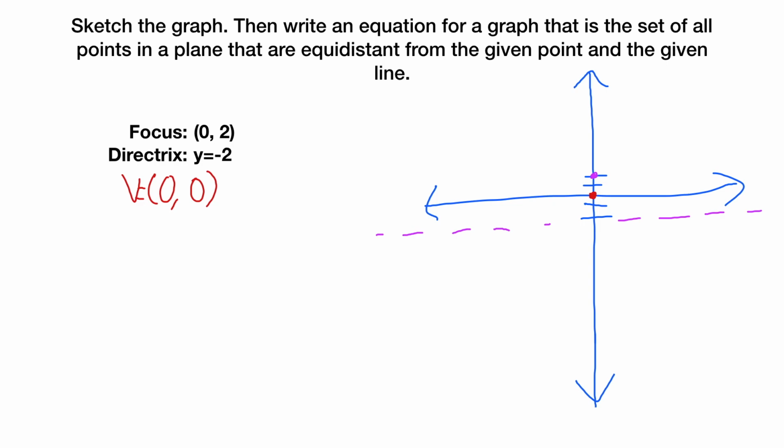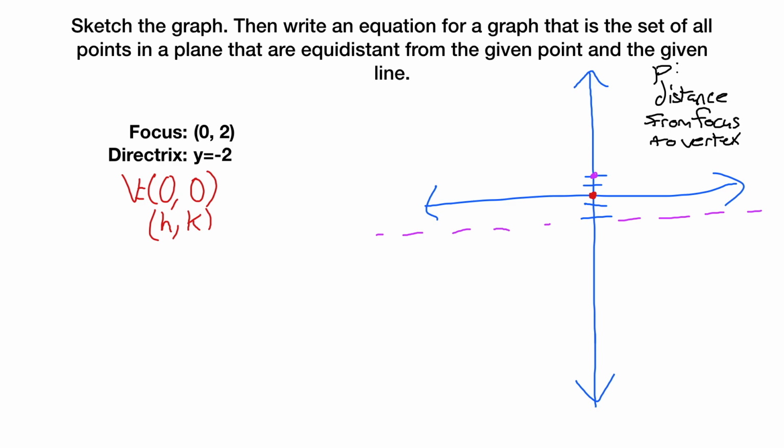Now, the next thing that we need to do for our formula is you might notice that there was a letter P. By the way, remember, vertex is H, K. There was a letter P. The P is the distance from focus to vertex.